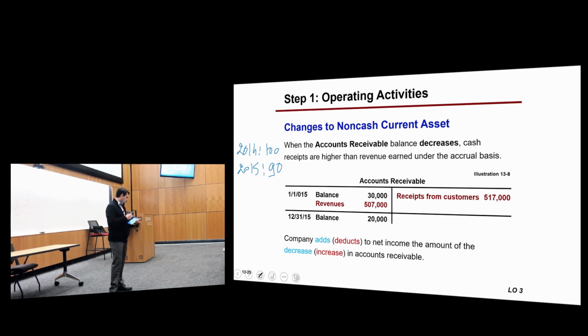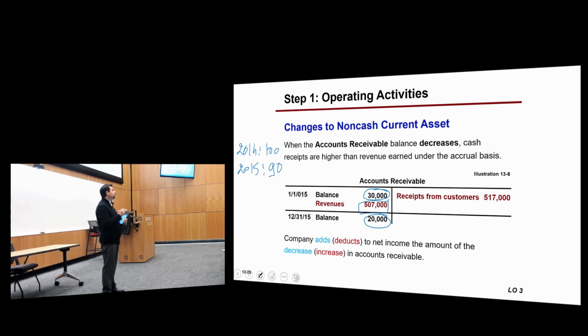Okay? Take this example here. The balance from last year was 30,000. This year it is 20,000. During the year, the company made credit sales of 507,000. Those are the revenues from credit sales. What does it mean?